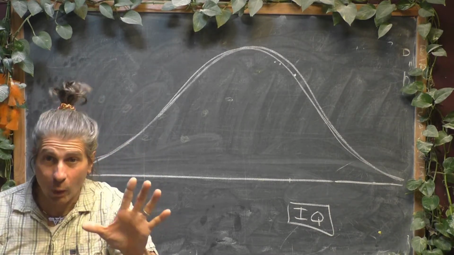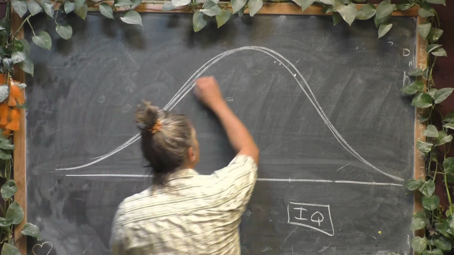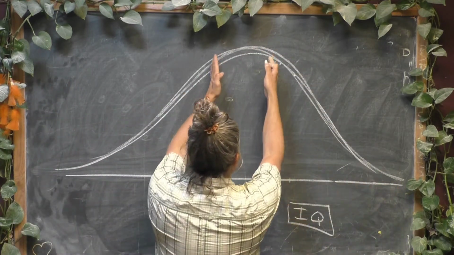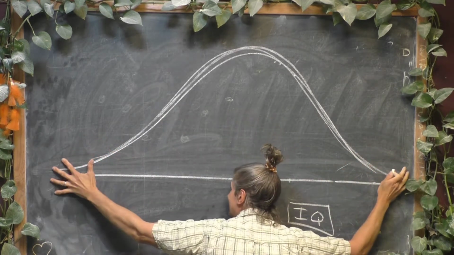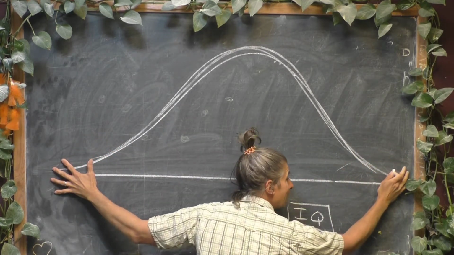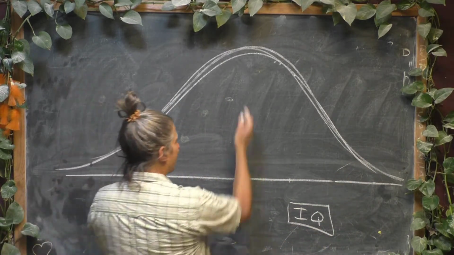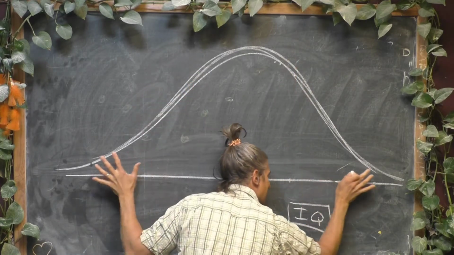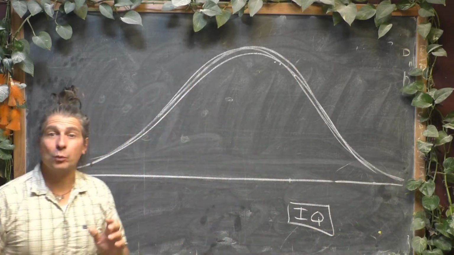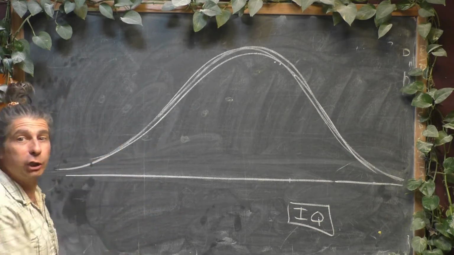We'll come back to that as well. But hopefully you see that because it's bell-shaped, these are more prevalent IQs than these. And we'll get into what those are in a second. But just like anything else that's bell-shaped, the average has a higher prevalence than the tails. So that's what IQ being normally distributed kind of looks like.